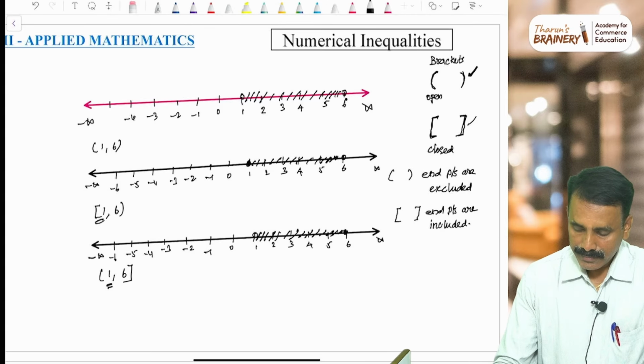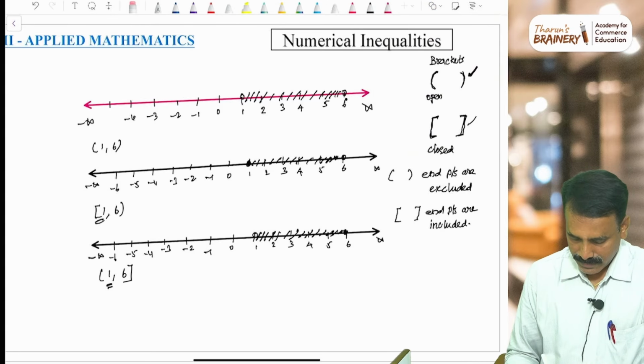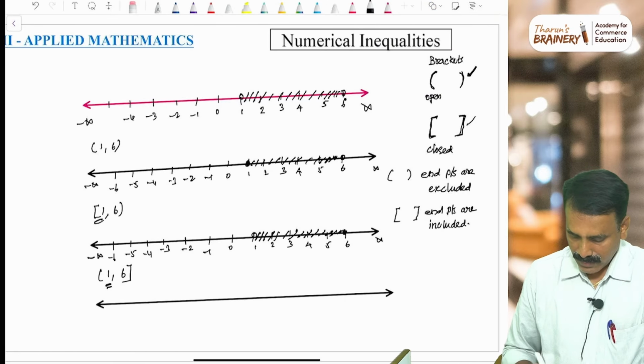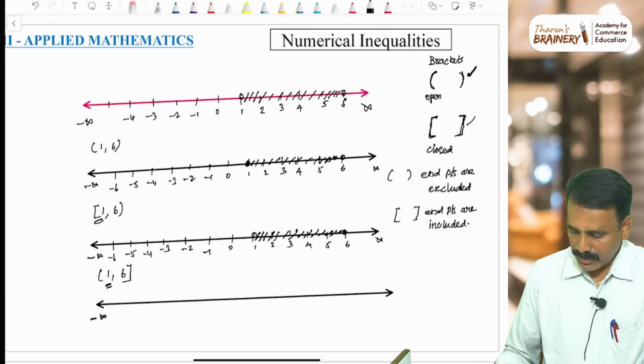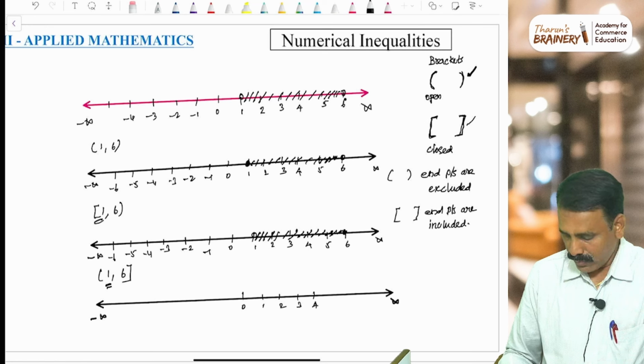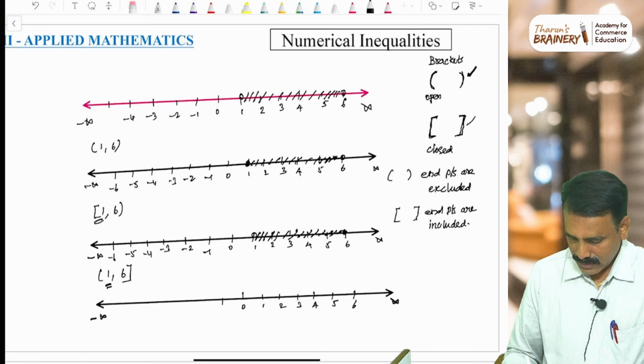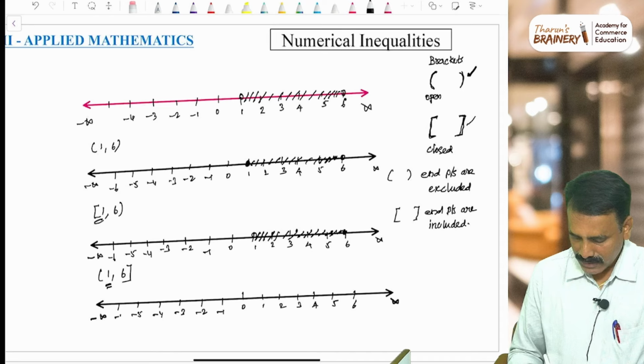And finally, now you know what I am going to write. 3, 4, 5, 6, minus 1, minus 2, minus 3, minus 4, minus 5, minus 6.